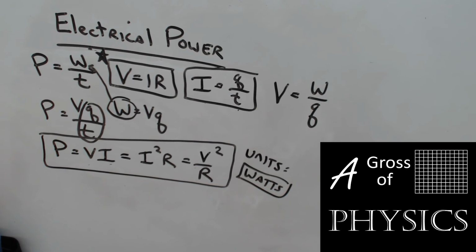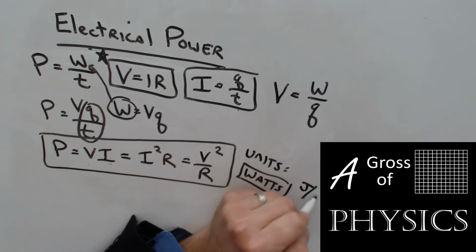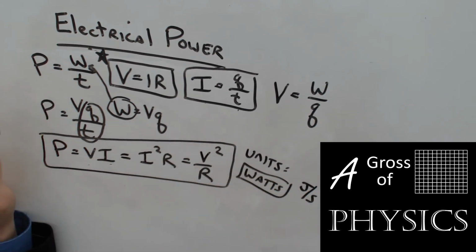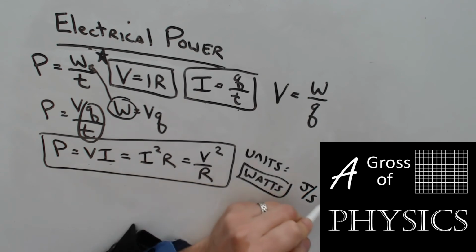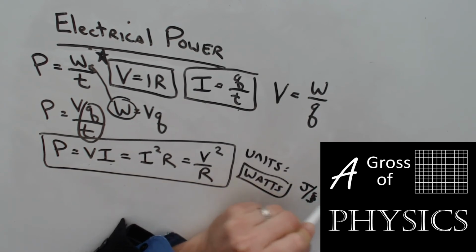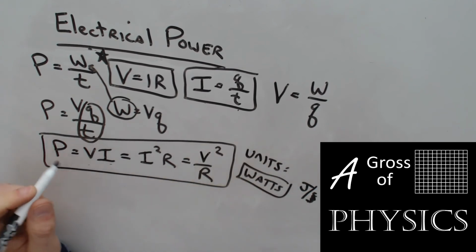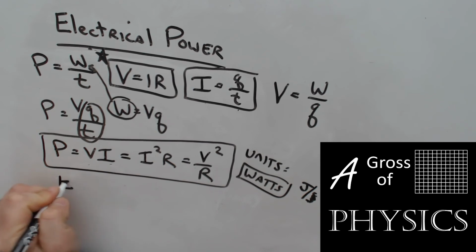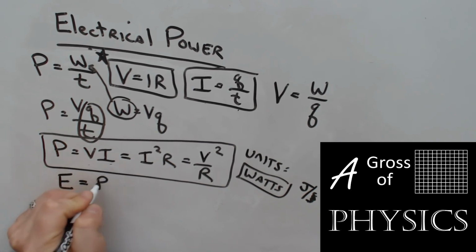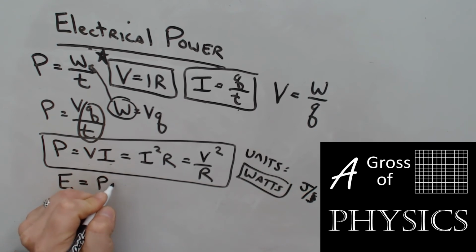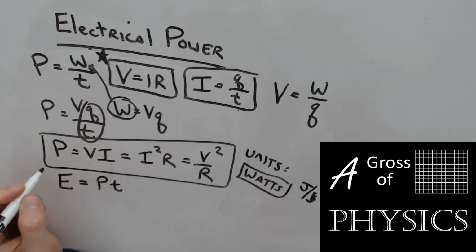Now, with our new equation, what we can do is also realize that if we remember that watts is joules per second, because it's work over time, if we multiply the power times T, so times seconds again, we're going to get J alone, which would be the energy. So what we have is our secondary equation, which is E. The energy in an electrical situation is power times time.